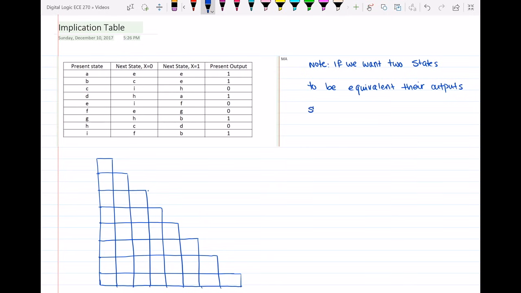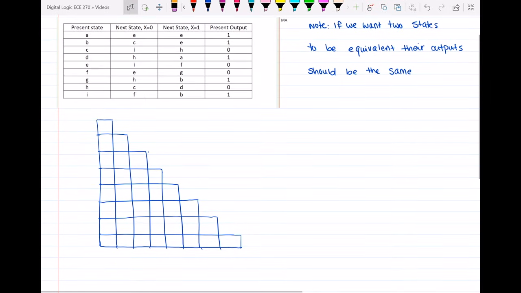Okay, so if, for example, for one state you had z, the output, equal to 0, and for the other one z was 1, we cannot make these two states equal with no conditions, okay? So it should be the same. So let's see here what we have.